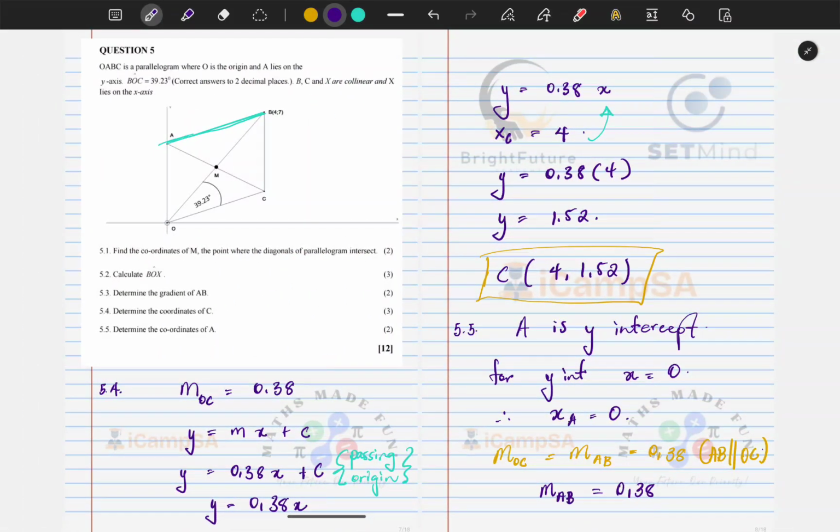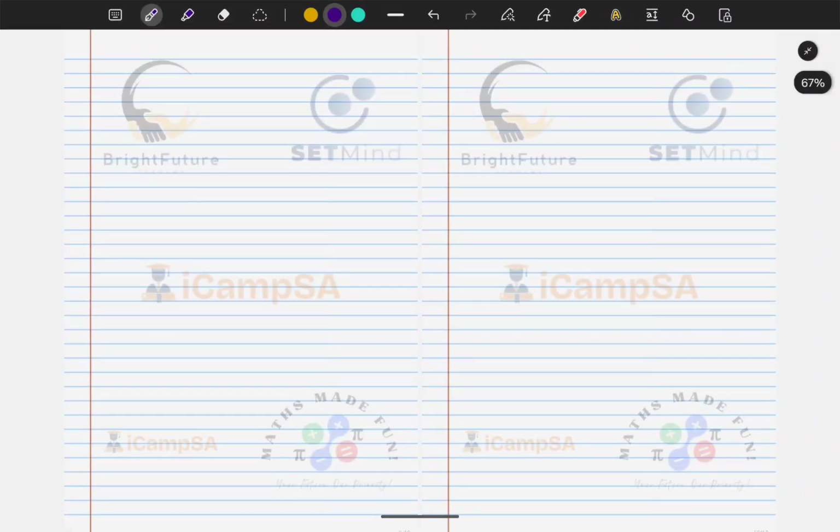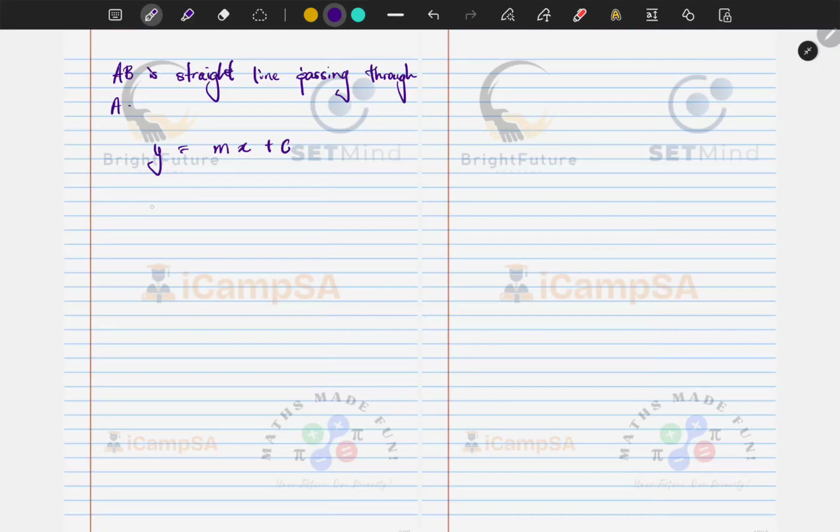Remember, AB is a straight line passing through A, right? So it's going to take the form of y is equal to mx plus c. And remember, we do have the gradient, so it's going to be y is equal to 0.38x plus c.